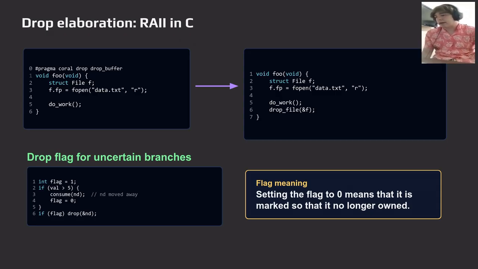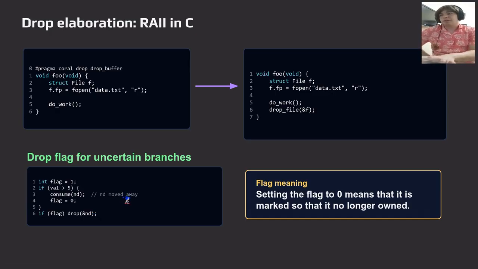Anyways, they achieve this by having flags so that this also works in branches. Say we had some flag where we have this variable nd. If the value is greater than 5, then nd becomes moved away. But if it's not, then it will probably be dropped.